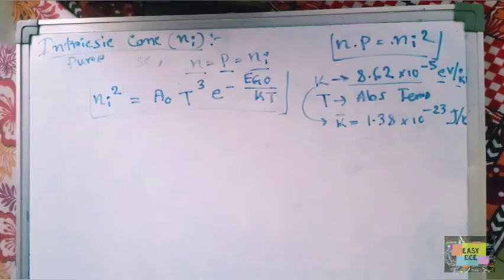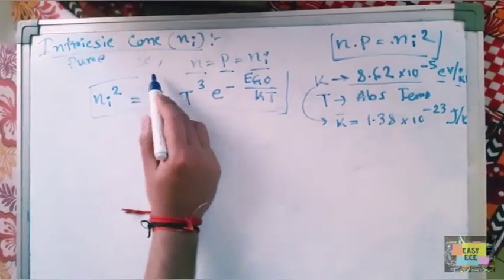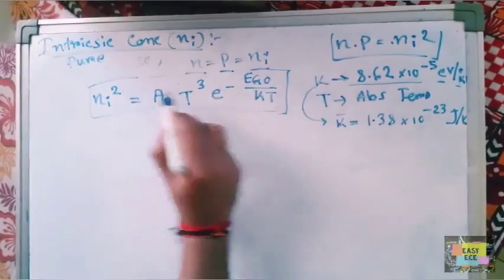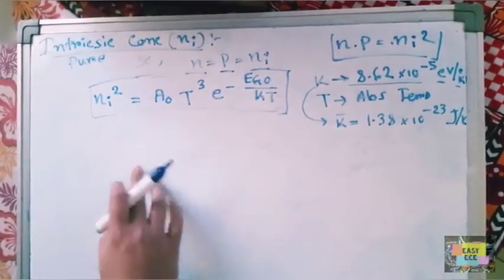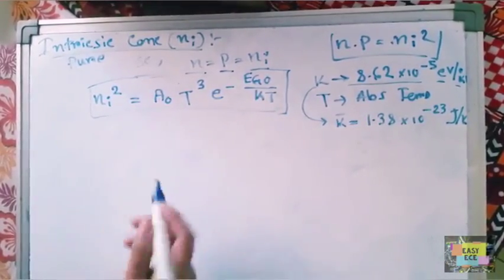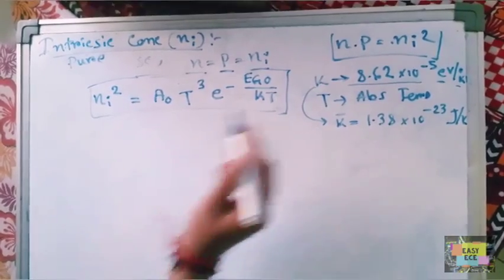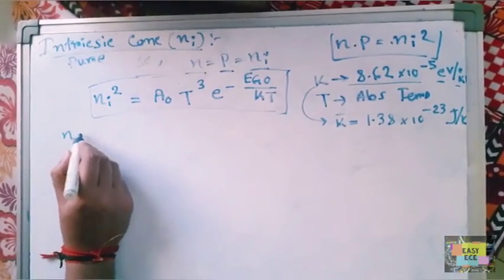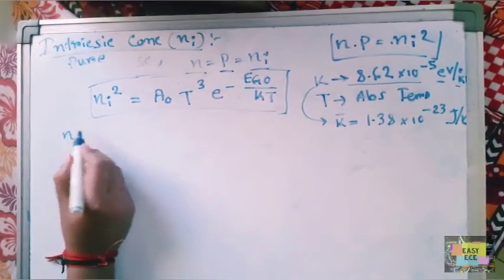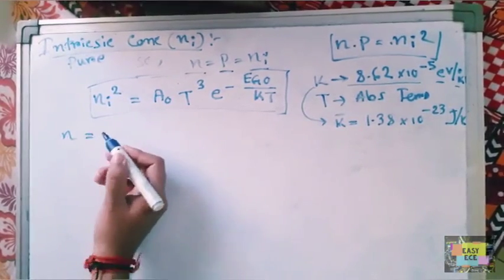Now we discuss in this video how we get this formula. First we know about the electron concentration. What is the value of electron concentration? That is n.